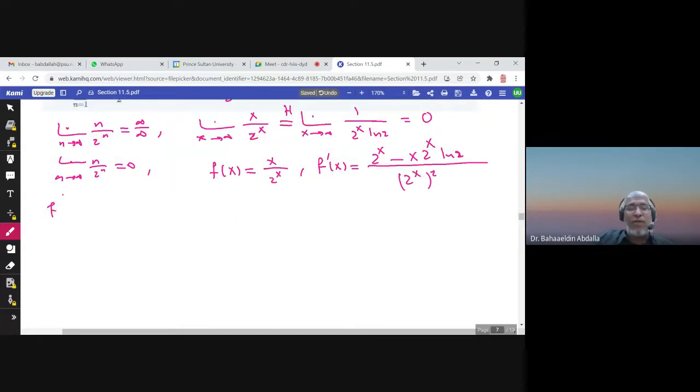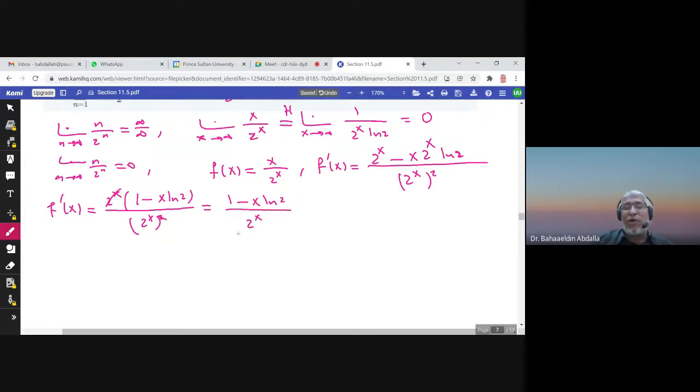So f prime of x would be, I can take 2 to the power x as a common factor. I have 1 minus x ln 2, and I can cancel 2 to the power x with one of these two. So 1 minus x ln 2 over 2 to the power x is the derivative.